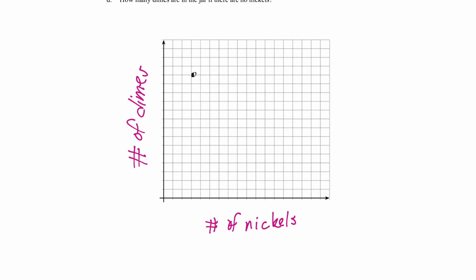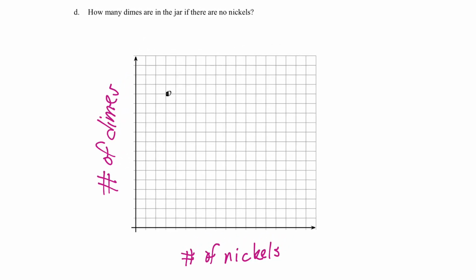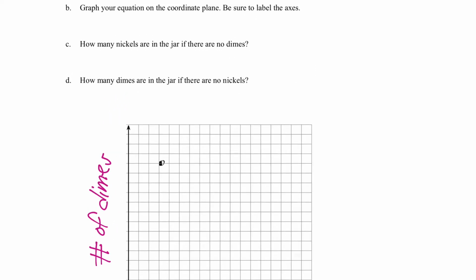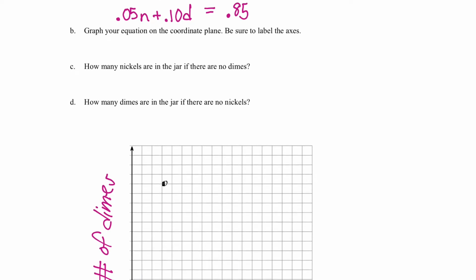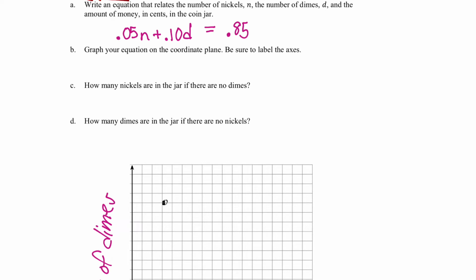All right, and so now I can graph these, assuming that my N is standing for the X and my D is standing for the Y. So let's put in, if N is 0, what happens there?